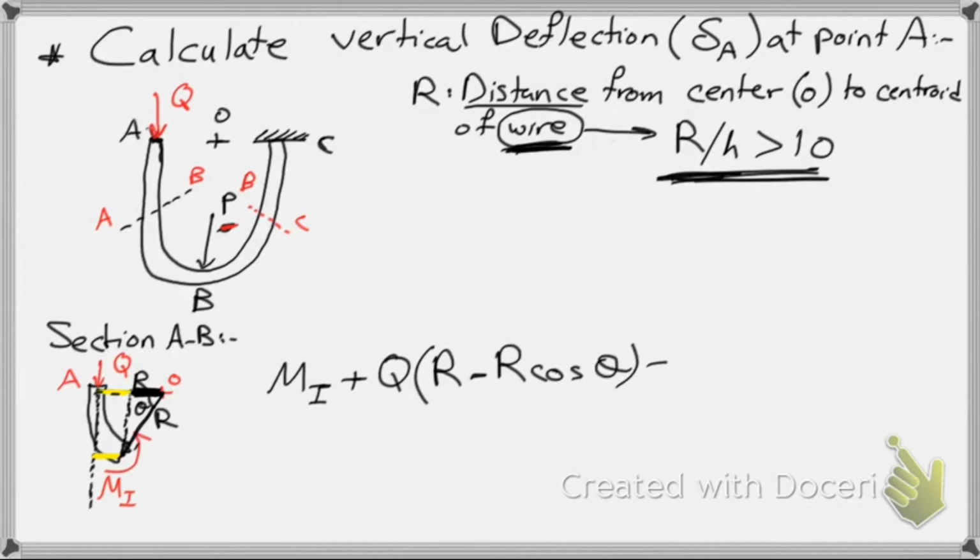This is gonna be equal to 0, right, in equilibrium. So let's solve for M1. M1 is gonna be equal to negative Q times (R minus R cosine theta).